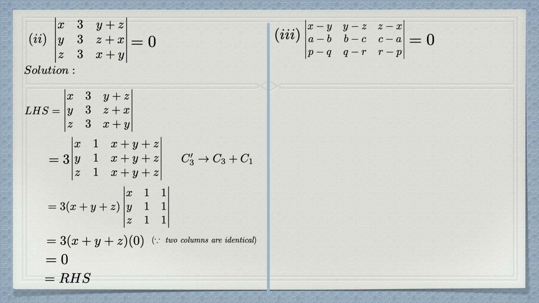Third problem, solution. We will take left hand side as the given question. Now we want to simplify. Now think whether we can make any common term directly. If it is possible, we will take it, or by adding or subtracting any row or column, check whether we can get any term.